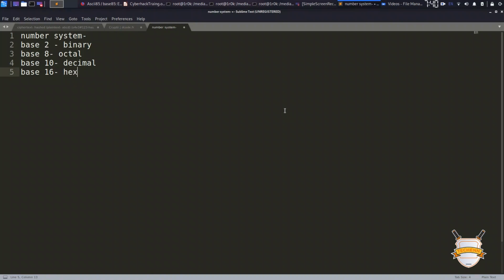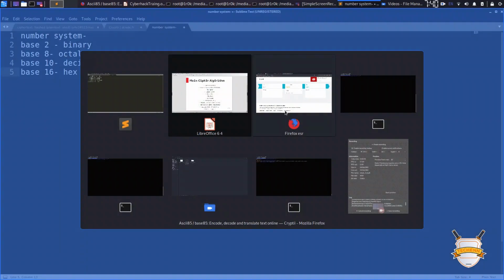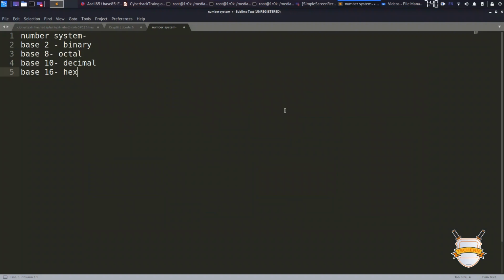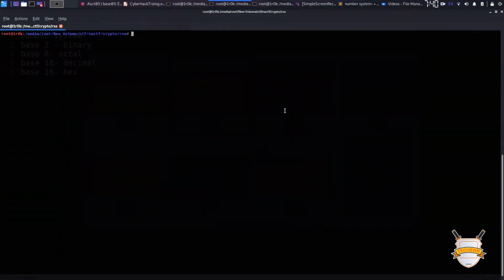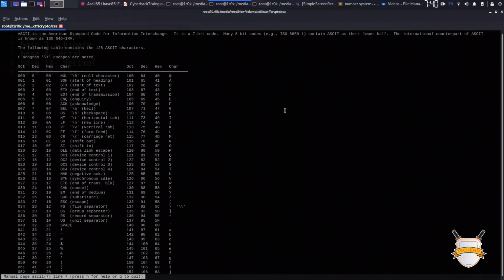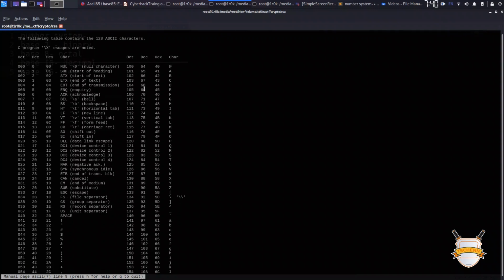If you are in Linux, the best way to see the binary, octal, decimal and hex values is man ascii. Hit enter, and here you will see for each and every character its octal, decimal as well as hex.